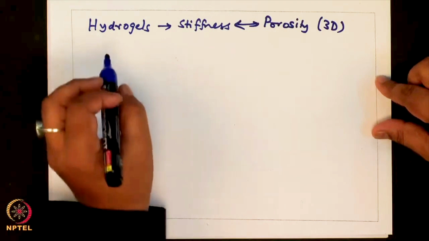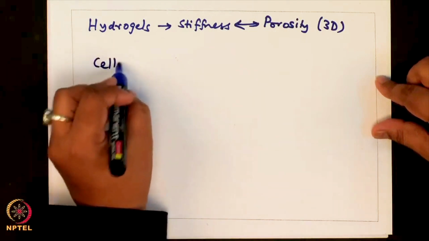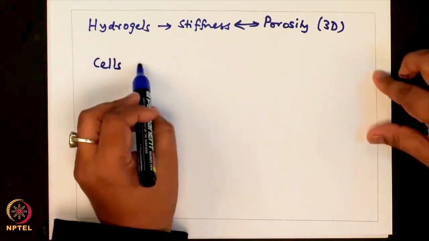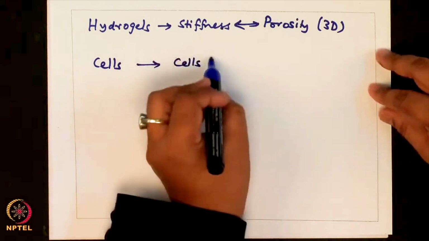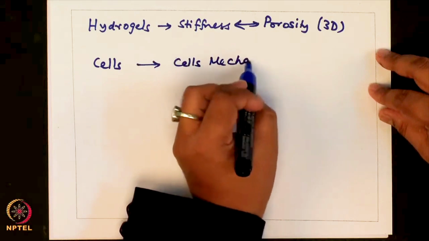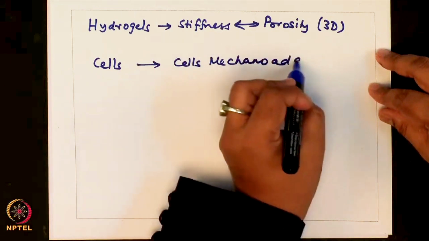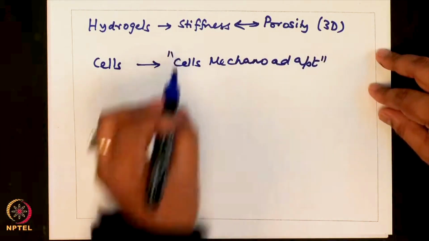So, for hydrogels or for cells, okay, for all of mechanobiology we want to measure its properties, right. How do the cells mechanoadapt? Okay.